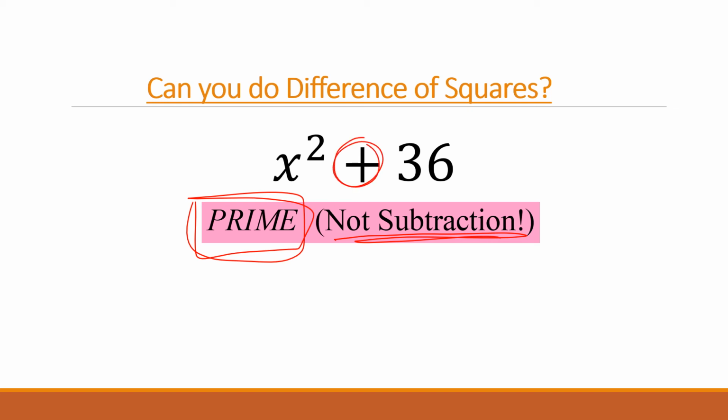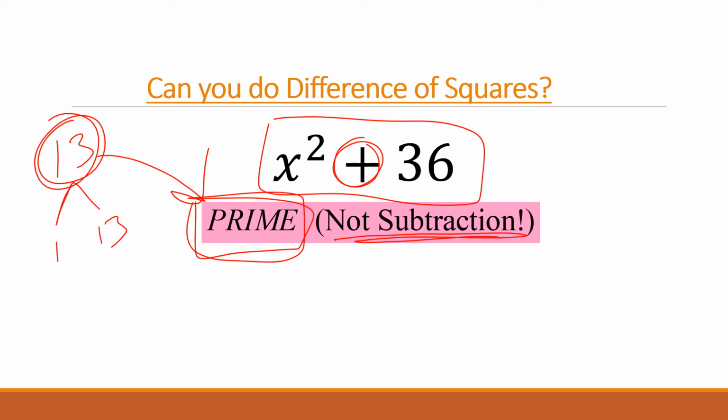It'd be the same thing as saying, take the number 13 and try to make a prime factor tree. The only thing you can do is 1 and the number 13. So that doesn't help us break down the number 13 any farther than it is. So 13 itself is prime. Just like 13, x squared plus 36 is prime. It's a prime polynomial.